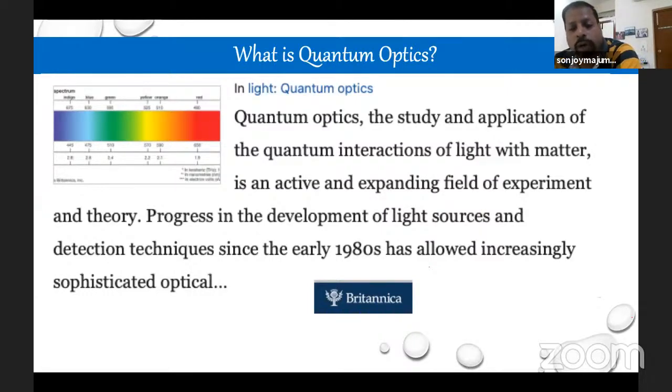One more difficult question is that if the light is quantized, how do I know that light is quantized and how can we detect them? These have been going on since the first part of the 1980s, and since then there has been constant progress.